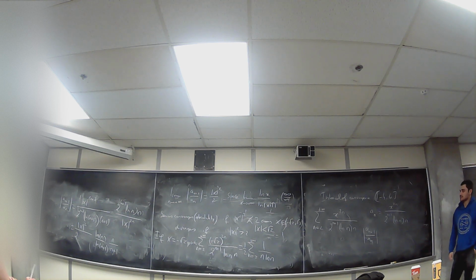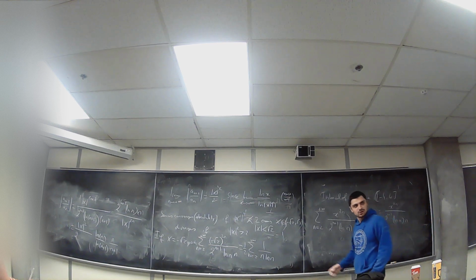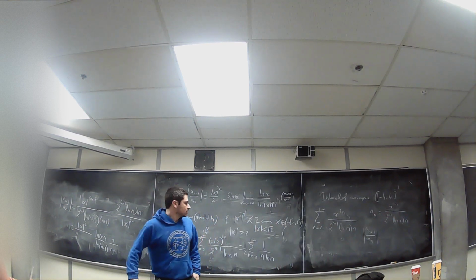Okay, now what is it? You guys see by the integral test? You can do a u sub, you can do u equal ln x, but you should be able to spot integrals like that.